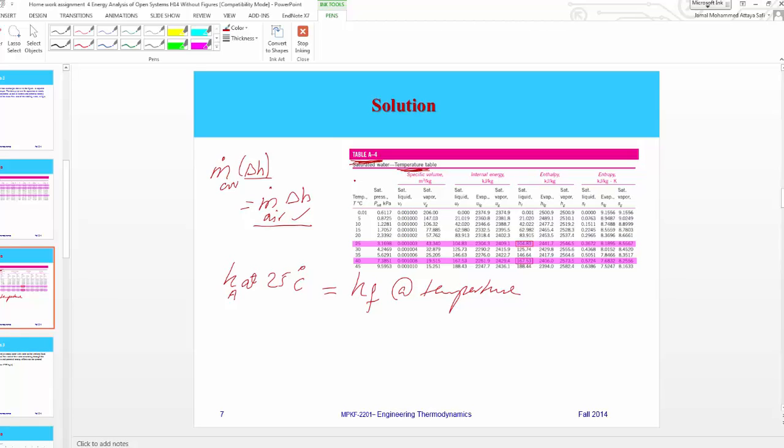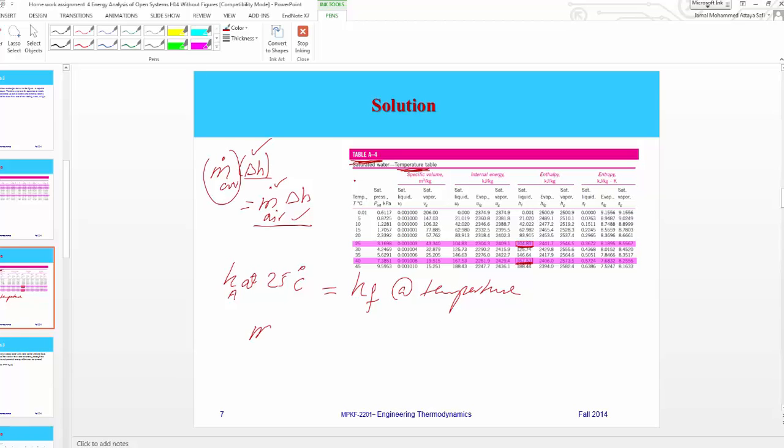So if you read HF here, this is HF at the entrance, and this is HF at the exit, when the water exits. And this you already calculated. You have this, so you can calculate this.